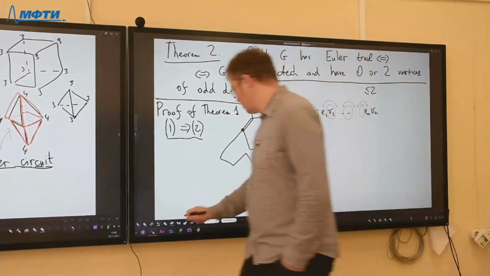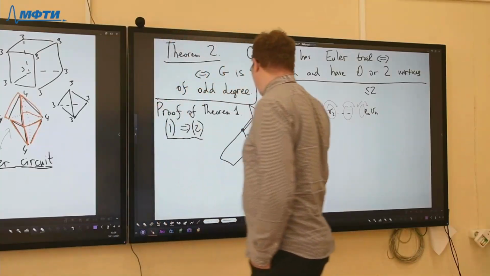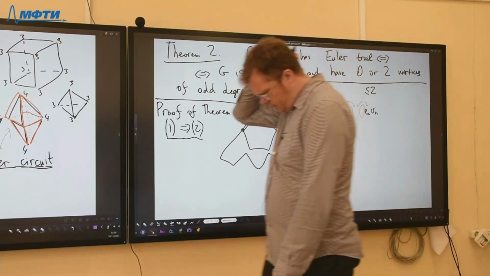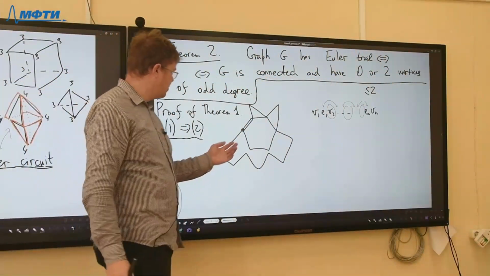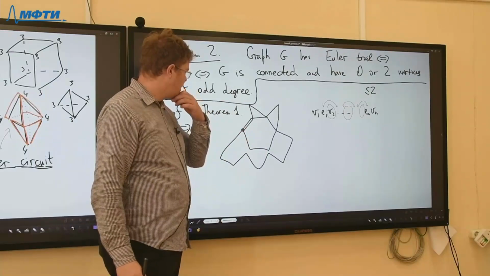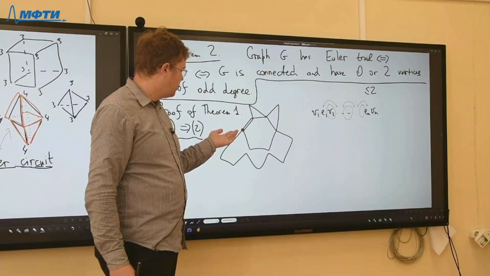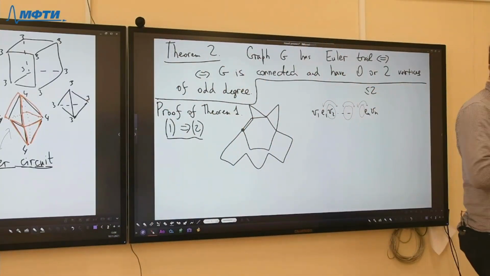Maybe I need to put some remarks here. First of all, right now I assume that we can have, again, different terminology for the different types of graph. When we talk about such graphs, we can assume that we have several edges between the same vertices.